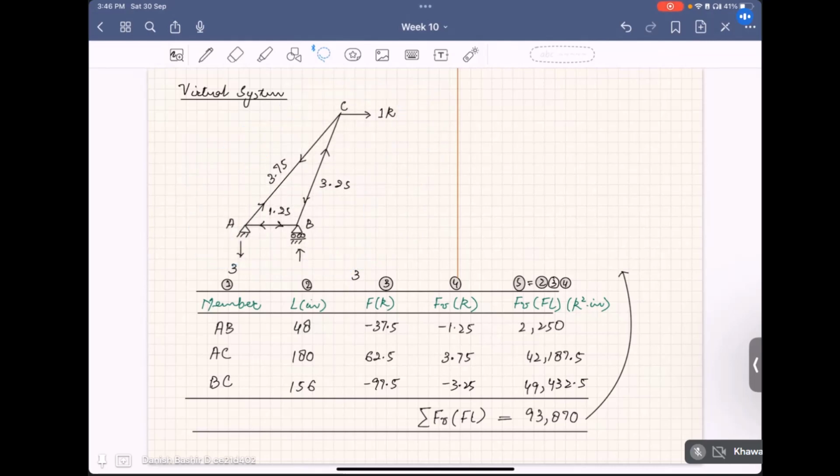This is 3 kilopound here, and this 3 I will erase. So what our formula says is that our deflection, 1 times delta, which we have to find at C, is given as summation FV times FL by AE.